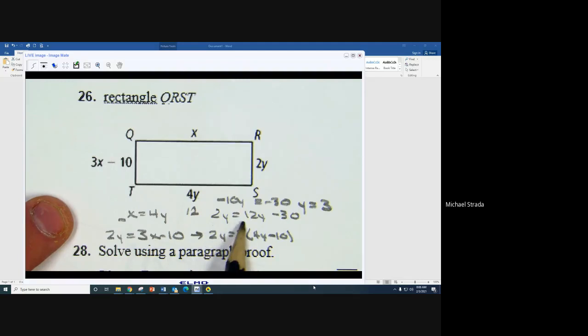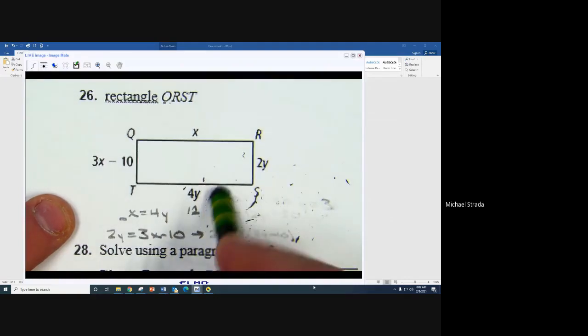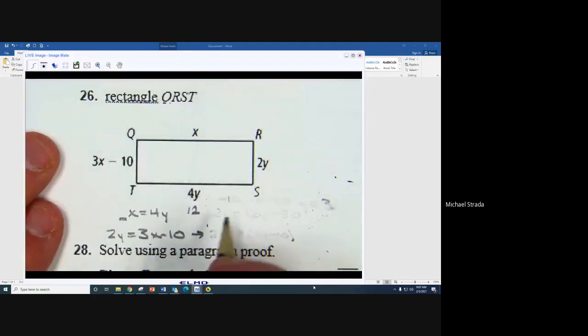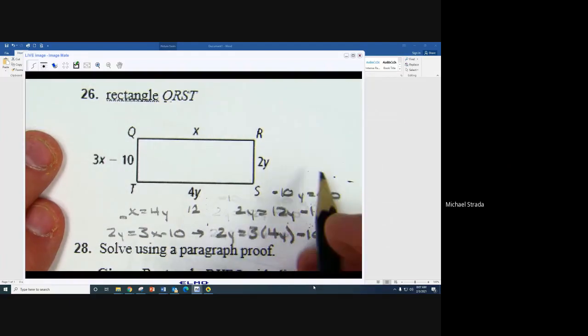Starting over: x equals 4y. 2y equals 3 times 4y minus 10. 2y equals 12y minus 10. Negative 10y equals negative 10. y equals 1.